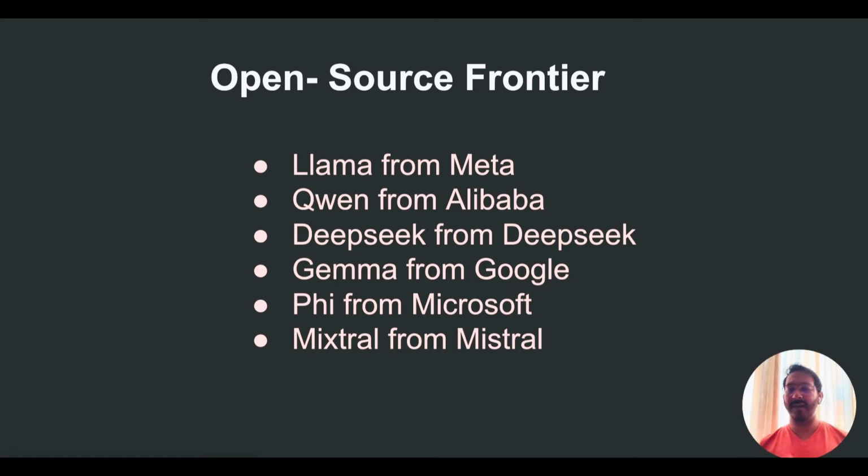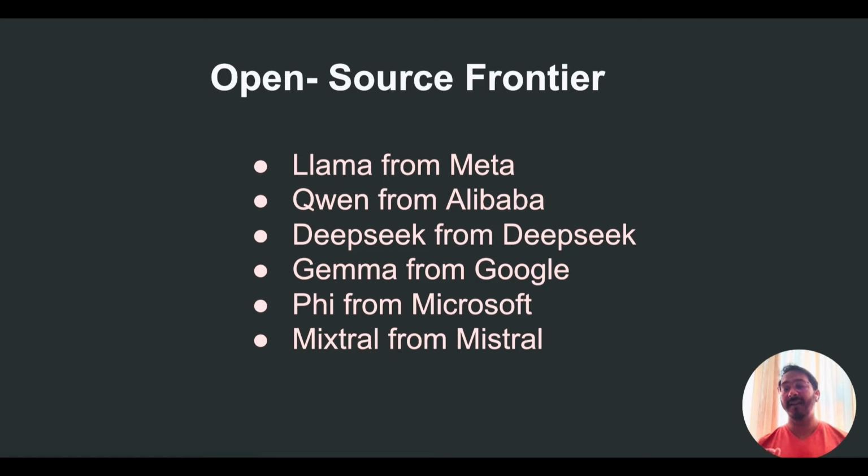Then comes Gemma, and I said Google has both closed source and open source, which is the name of Gemma. Phi is Microsoft's small models. So there are two terms now. When we spoke about LLM, it is large language models, and then there is small language model, which is the term SLM.